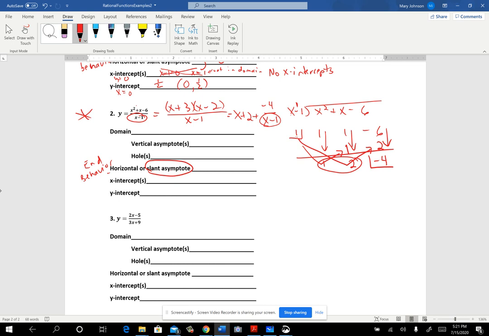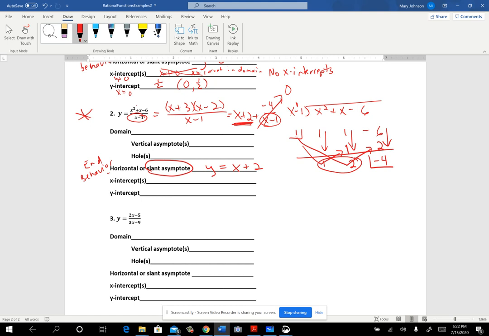The bottom is going to get super big, and the bigger you get, the closer you get to 0. And what you'd be left with is that. And so your original rational function turns into y equals x plus 2. Okay, so the form that you get after you do your division, either regular or with synthetic, can be used because y equals the quotient is always going to be the end behavior.